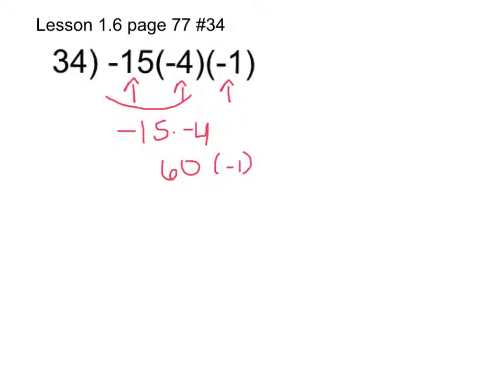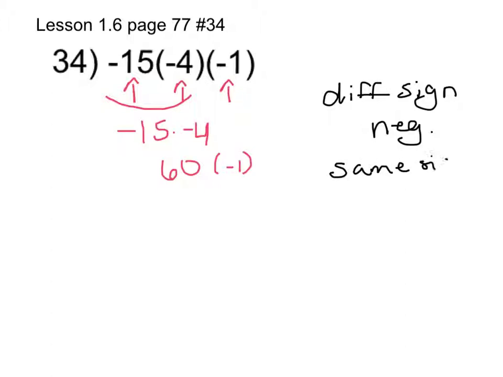When the signs are different and you are multiplying or dividing, that means it's always a negative. If they have the same sign, the answer is always positive. That's only true when you are multiplying or dividing.